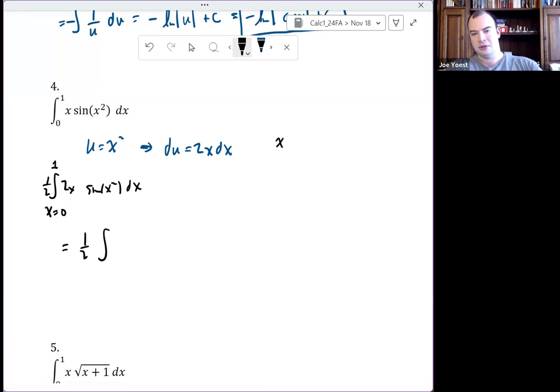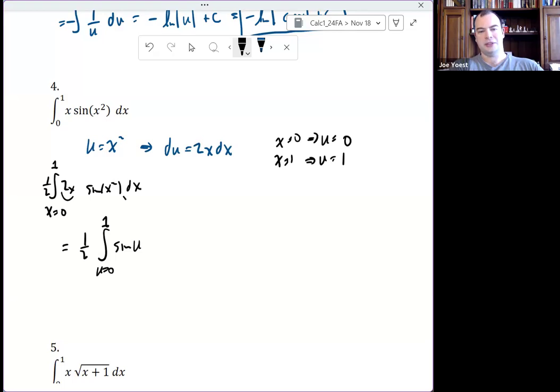Now, when x equals 0, u, which is x squared, is also 0. So u goes from 0. When x is 1, nicely enough, 1 squared is 1. So u goes from 0 to 1 as well. Sine of x squared is sine u.